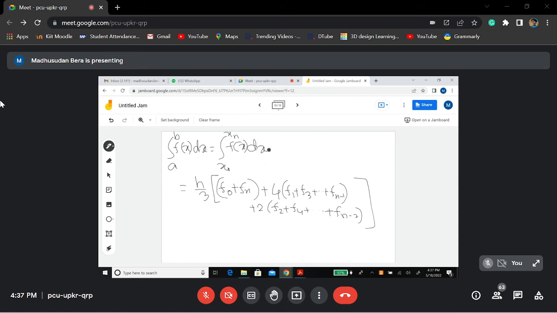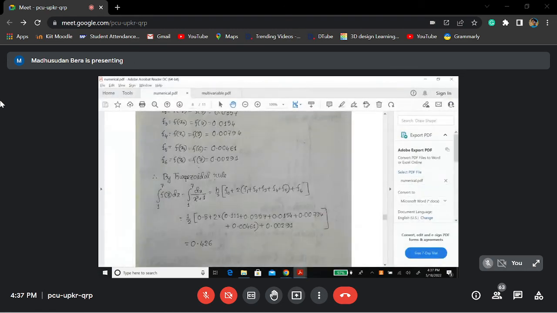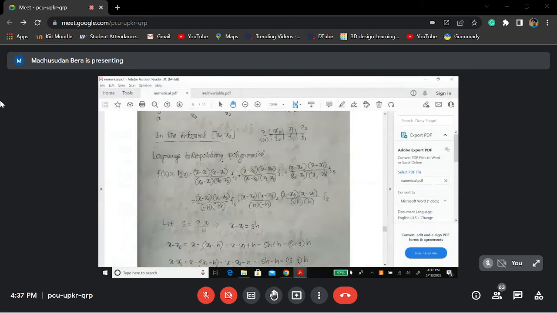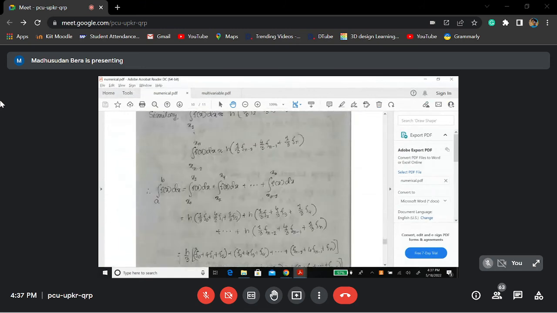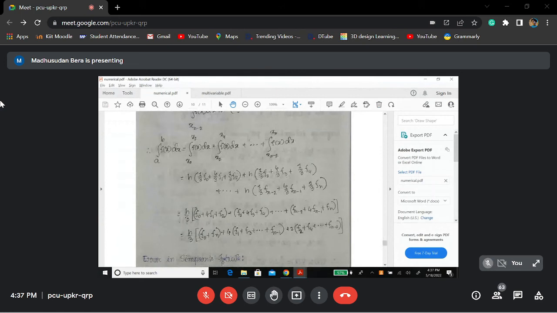Is the formula clear? I will show you the notes here. Don't go through this one; if you are interested, you can go through it. It will be the integral from a to b of f(x) dx.